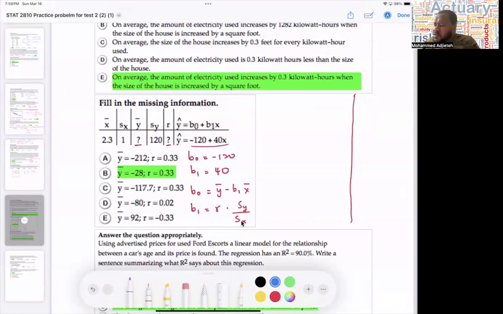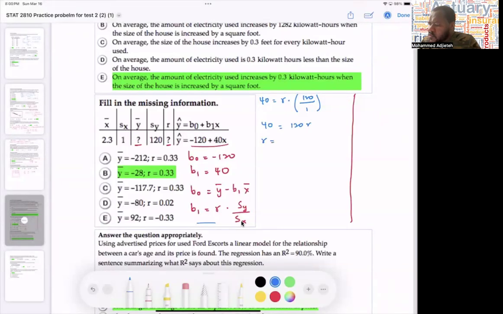Let me use blue. So let's use this formula. What is beta 1? Beta 1 is 40. R, I don't know. What is sy? sy is 120. What is sx? sx is 1. So we can see from here that 40 equals 120 r.